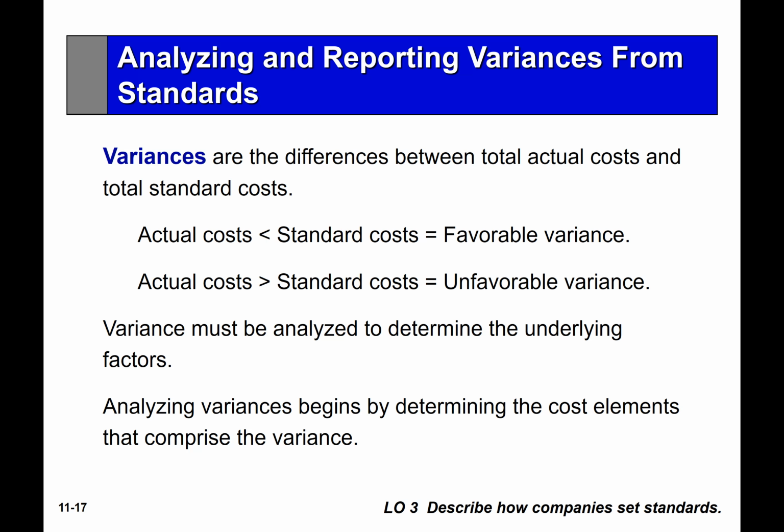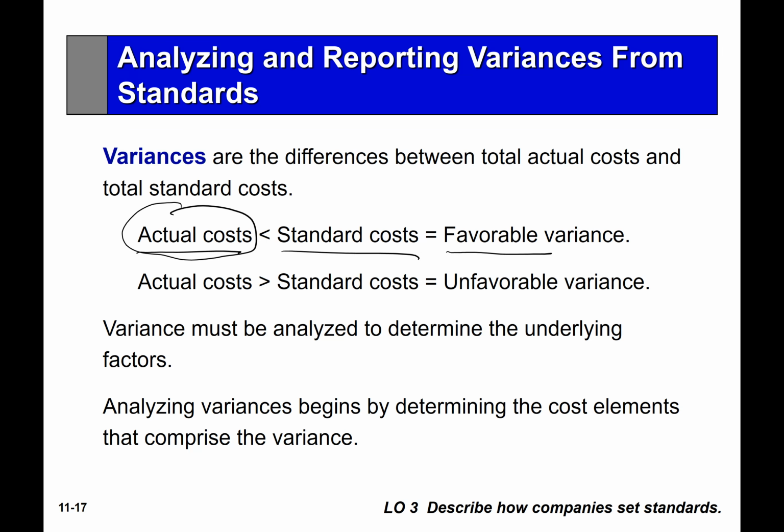So just to repeat, whenever your actual cost is less than standard, what does it tell you? It tells you that it's good, because you're spending even less than your standards, which are normal to the company, that this is what it should cost. But if your actual is better, then that means your company, your employees, your department must be doing something nice.